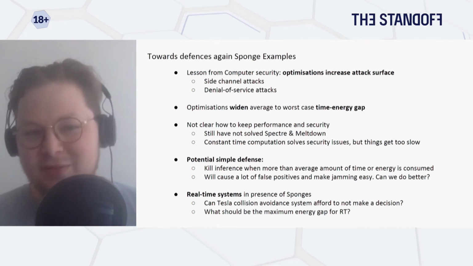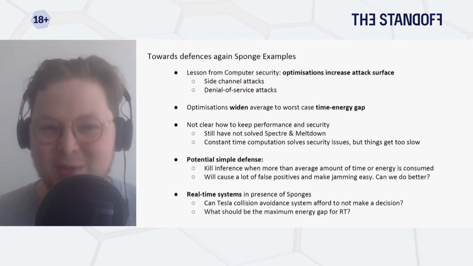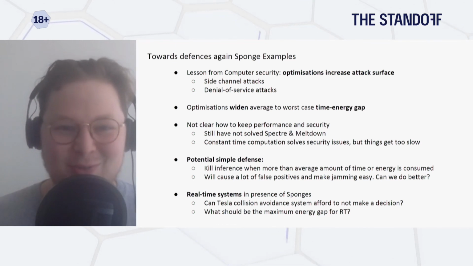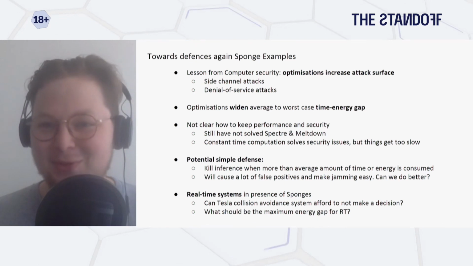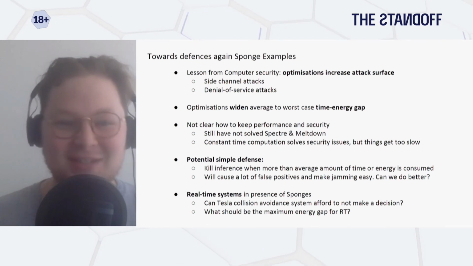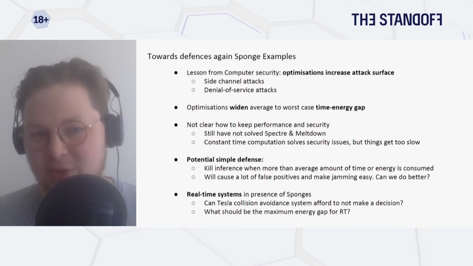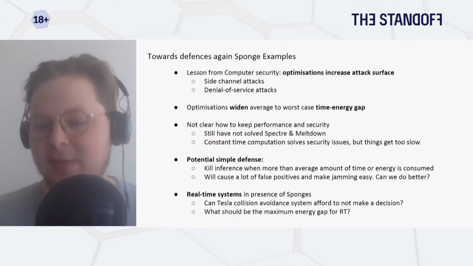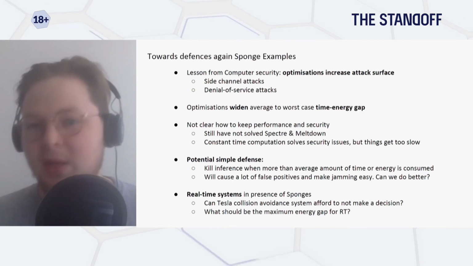And in the case of denial of service attacks, obviously, if someone is running sponge examples on your system and you try to do some computation on the side, you're going to struggle because this stuff has a utilization of almost 100% all the time, and it just keeps on consuming and doesn't see an end to it. So we've shown that the optimizations widen the average to worst case performance gap for time and energy, and obviously this is the gap that can be exploited.